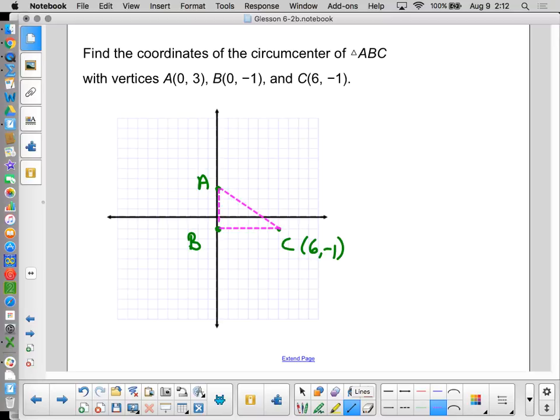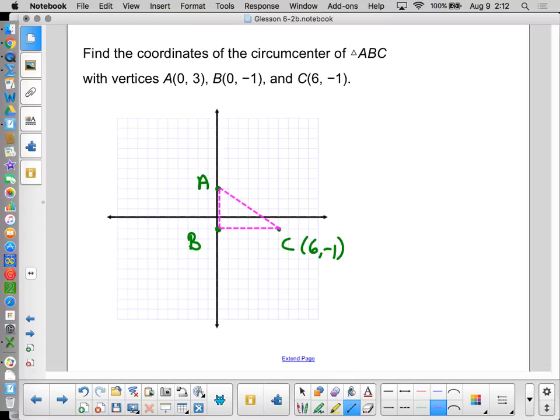I'm going to draw my triangle real quick. I need to find the perpendicular bisectors of all three sides. Now, fortunately for me, I've got a horizontal side and a vertical side here. And guess what? If I find where two of them intersect, I find where the third one also intersects, because all three intersect at the same point. So I really only need to find two of the perpendicular bisectors.